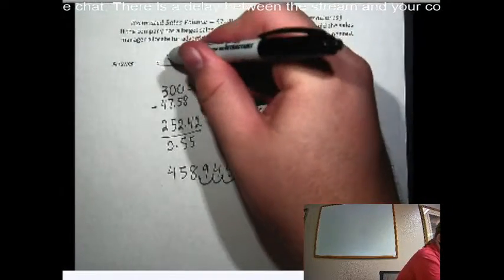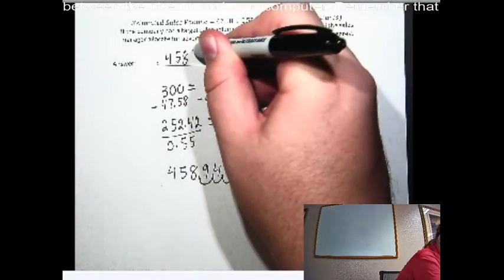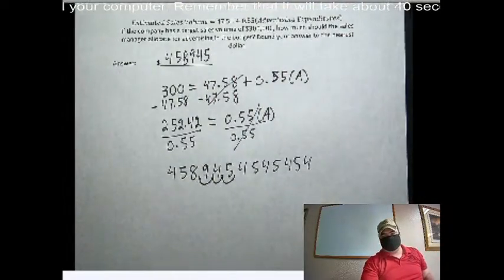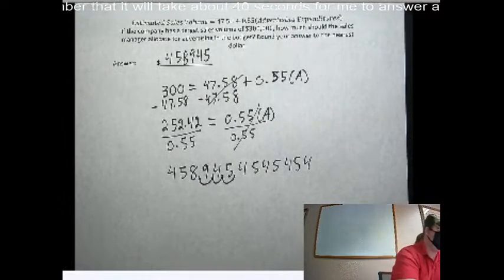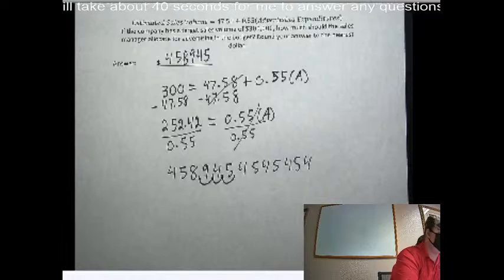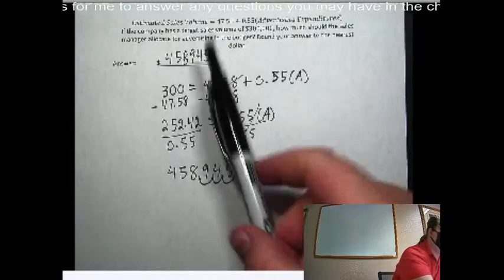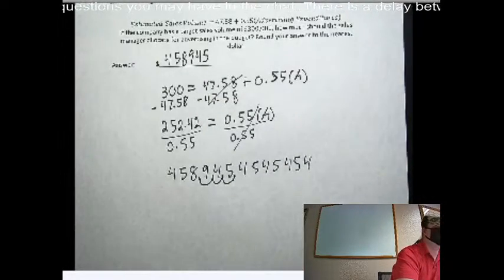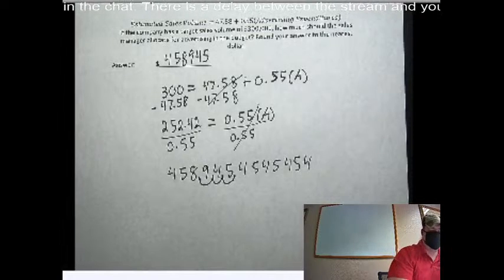So our answer is $458,945. Which does not look good for this company, by the way. Their advertising expenditure has to be greater than their sales volume to get that. So they are going to be losing money.